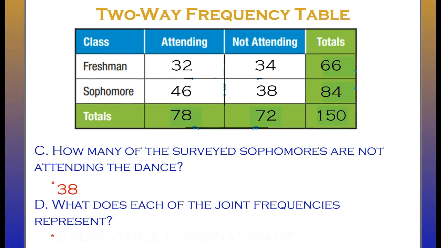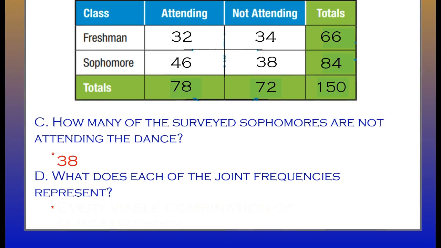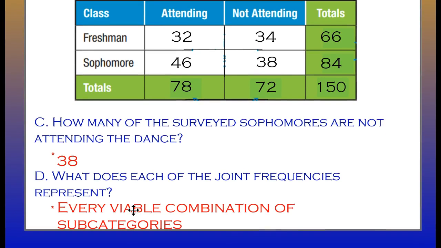In D, what does each of the joint frequencies represent? Well, that is every viable combination of subcategories. The joint frequencies are all in the middle here, and it's every possible combination. Going column-wise, there are 78 attending, 72 not attending, 66 of respondents are freshmen, and the other 84 are sophomores, for a total of 150.